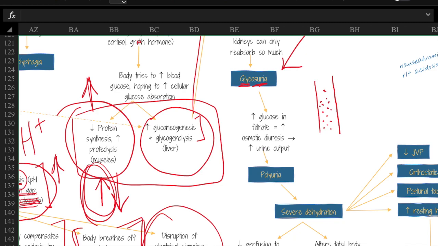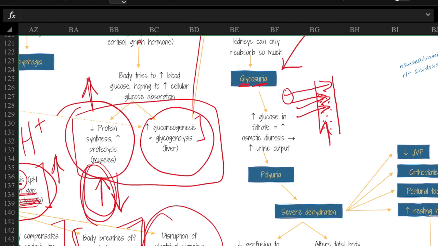What we usually talked about in fluid and electrolyte balance was albumin, and how albumin is a large protein and it pulls fluids out of the interstitial space and out of the cells and into the intravascular space. Well, the same thing sort of happens with glucose. Glucose is actually quite a large molecule in and of itself. So when you have so much glucose building up here, it actually is going to change the osmotic gradient, and it's going to start pulling fluid in from the cells and from the interstitial spaces.